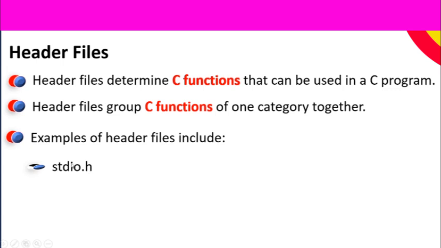It means it is a kind of header file that, if included, will enable functions which deal with the input and the output. Those are standard functions which deal with input and output. That's why it's called standard input output.